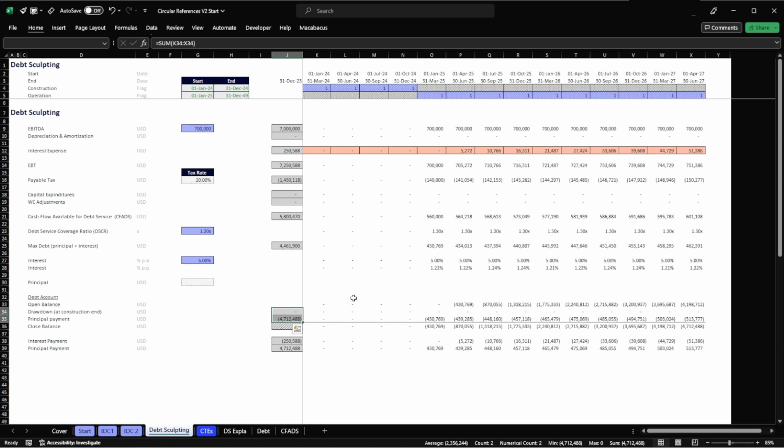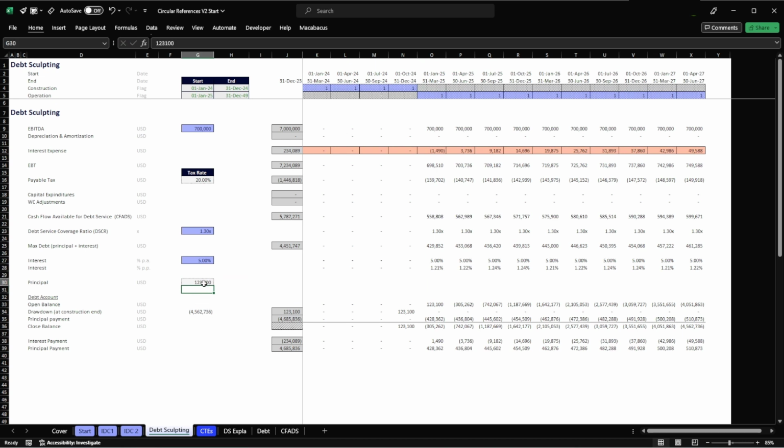The absolute values of these two numbers should be equal. I'm going to say that this plus this, and I want this number here to be 0 by changing this number here, because remember, there is still a connection between this cell here. So as long as I put some numbers in here, we're going to have numbers in here. And if I keep increasing the numbers here, let's multiply by 10, you can see the number here keeps changing.